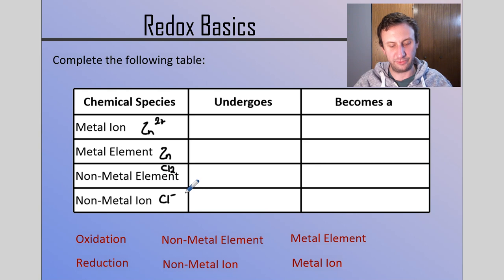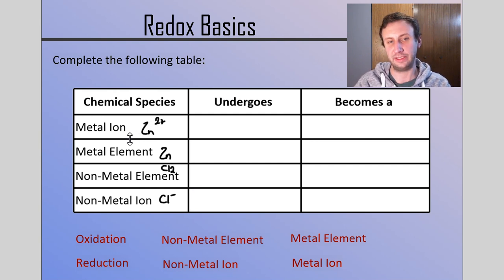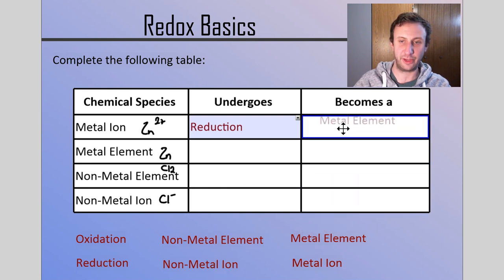So if I were to talk about what a metal ion goes through, so I have a 2 positive ion, for example, it's going to go through reduction. It is positive, it's going to become more negative. So metal ions go through reduction, and as a result, it would gain electrons and become a metal element.